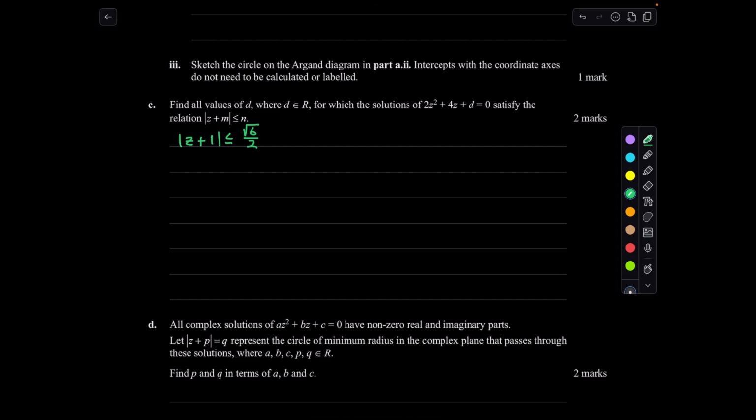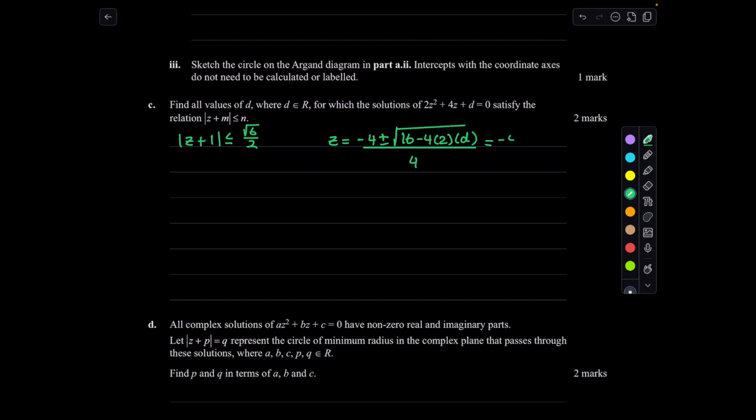Now, if it satisfies, it means the solutions of this, so let's find the solutions. The solutions to this, of course, using the quadratic formula, which is negative b, which is -4, plus or minus the square root of b squared, which is 16 minus 4, a is 2, and c is d, all over 2a, which is 4.